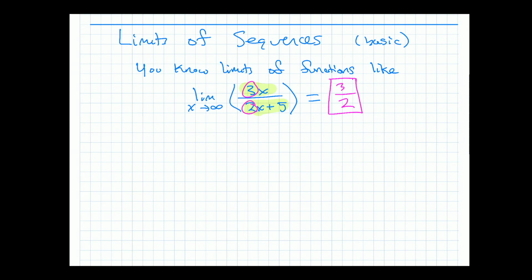Okay. So you can do limits like that. You could also do other kinds of limits. Let's fast forward a little bit in this homework assignment. You could try to do a limit like this. Limit as x goes to infinity of, what if I did 4 plus x squared?